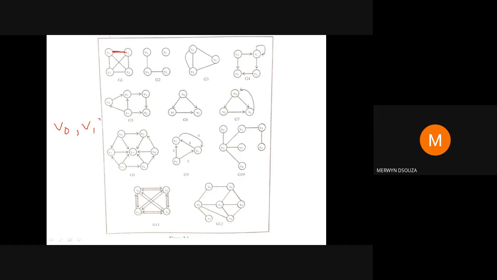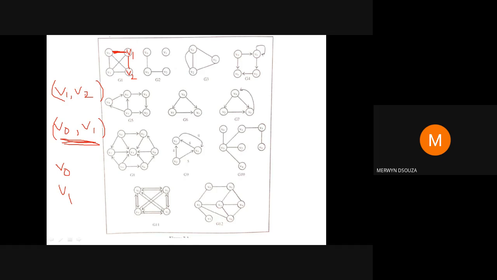If I ask on which vertices this edge is incident, meaning which vertices are contained in that edge, I will say that the edge (V0, V1) is incident on the vertices V0 and V1 because these are part of the edge. Similarly, the edge (V1, V2) is incident on the vertices contained in it, V1 and V2.